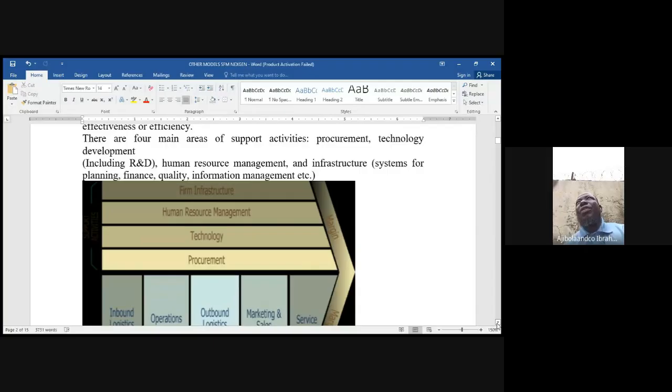So we have introductory stage, we have growth stage, we have maturity stage, and we have decline stage. You can call it phase or stage, any of them.